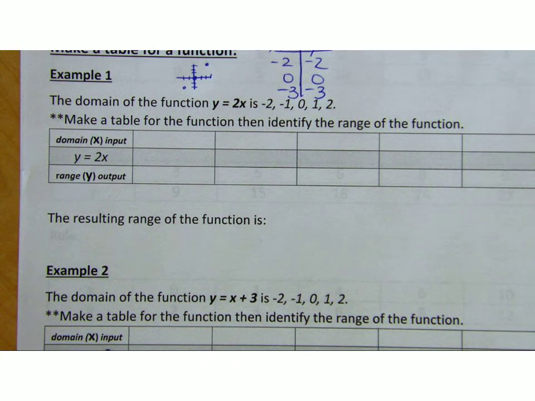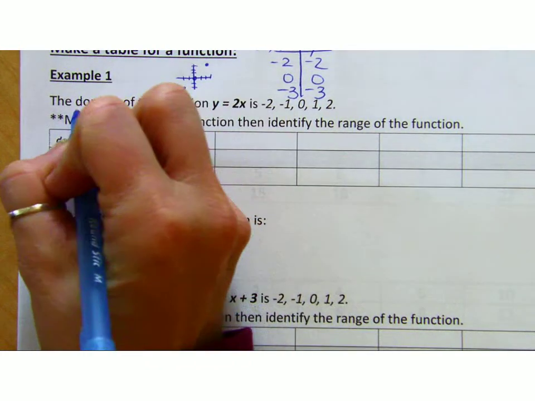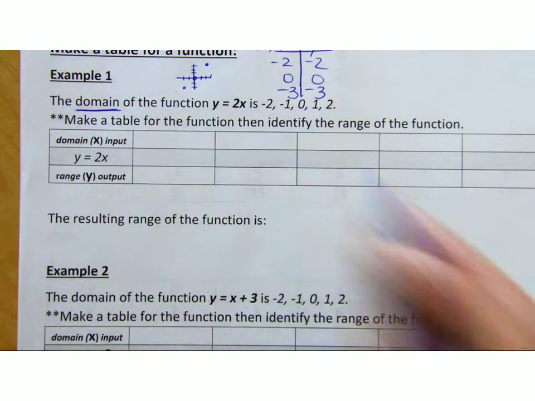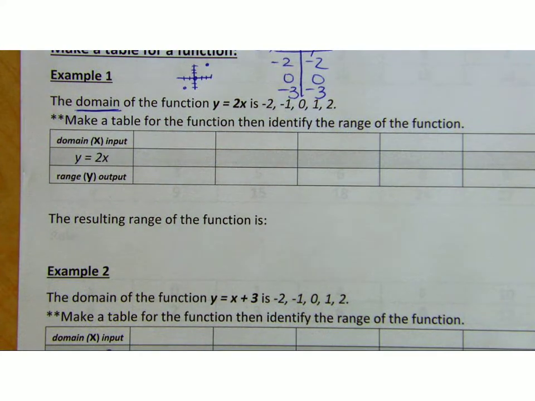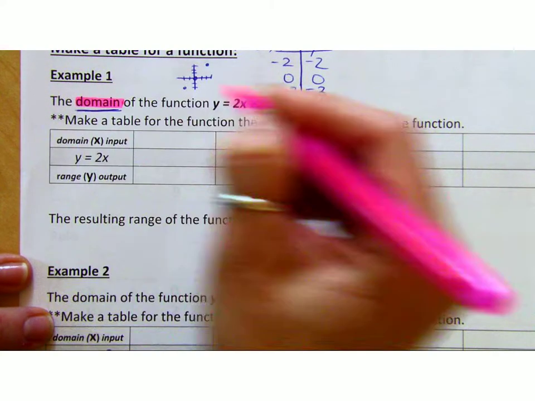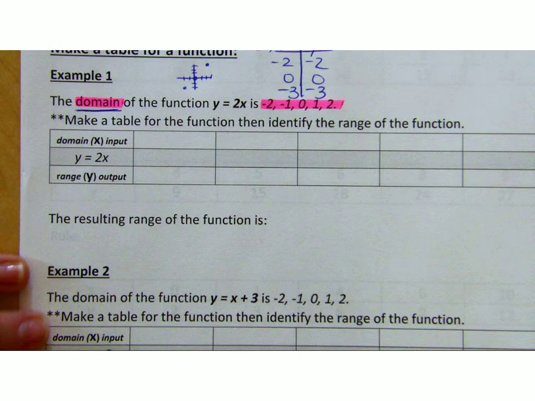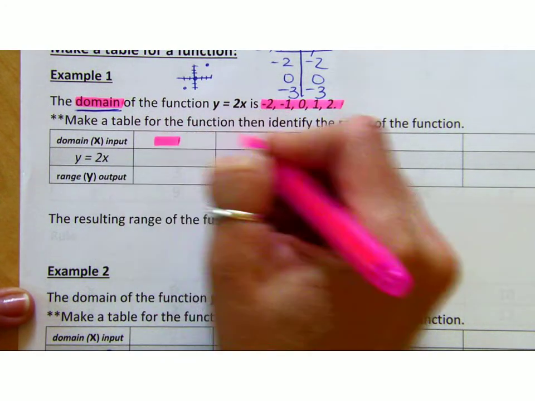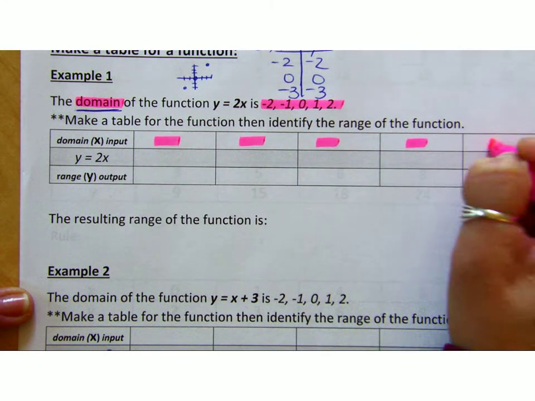So what this means is, first of all, you see this word domain. You have to remember from yesterday what domain means. Is it your x's or your y's? It's your x's. So your domain are these numbers, and so where would I put it? I'm going to put those numbers here, okay?